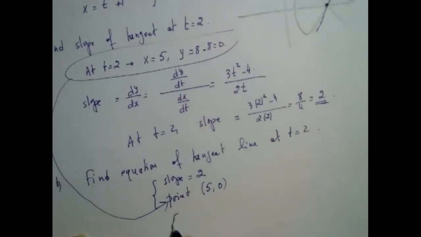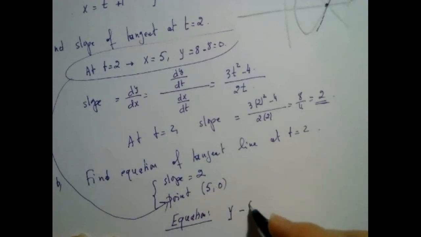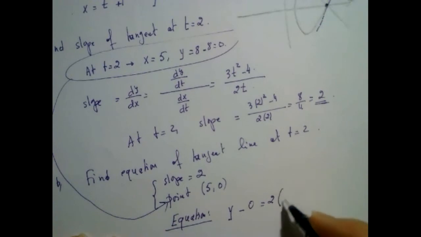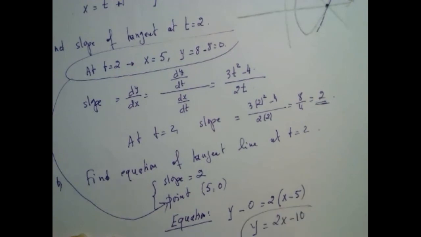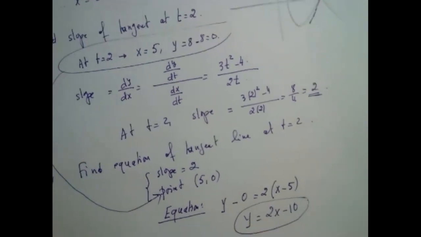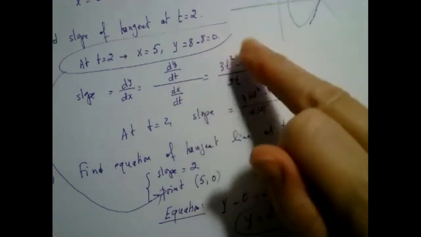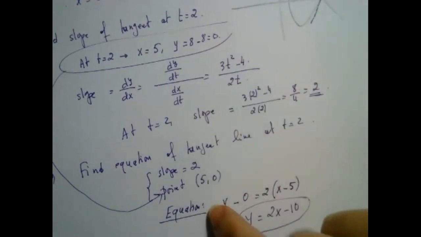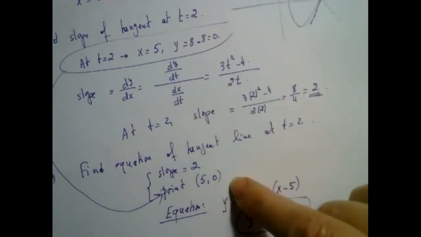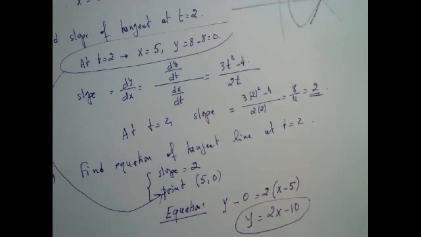So the equation would be y minus y0 equals the slope times x minus 5. So this gives me y equal to 2x minus 10. And that's the end of the problem. So finding the equation of the tangent line is actually simple. Once I have the formula which gives me the slope, and I can find the point, I get the equation.